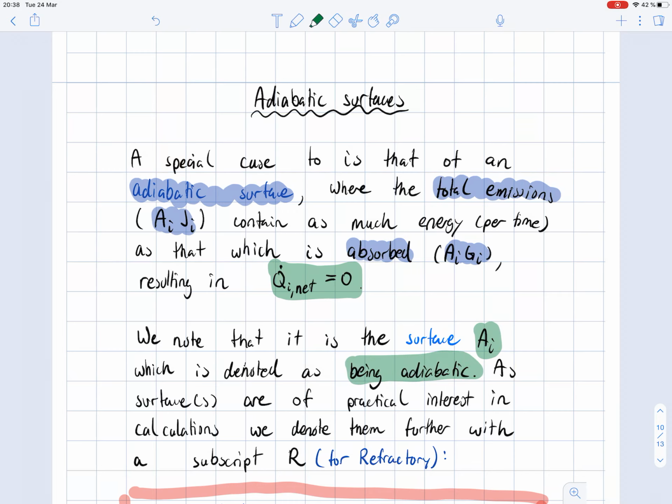And this is adiabatic because it has a net heat flow equal to 0. Since these surfaces will be of particular practical interest in the calculations, we will denote them with the notation R, subscript R, and that is for refractory.